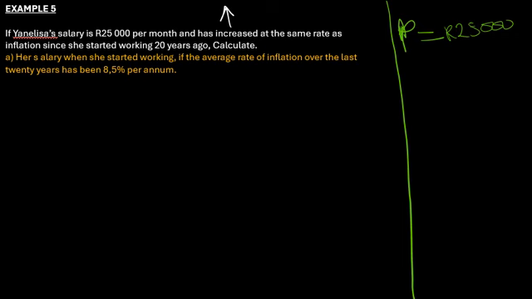Then what happened next? So next, Yanelisa's salary has increased over some time. So N here is 20 years, since she has been working 20 years. I suppose this has to be my N. N here is 20 years.